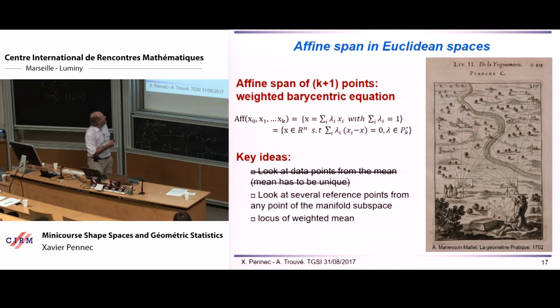Basically, this means that if you are at x and you look at all the data points and weight them with some weights lambda, then you can find a linear combination which is 0. So this looks like a weighted mean.